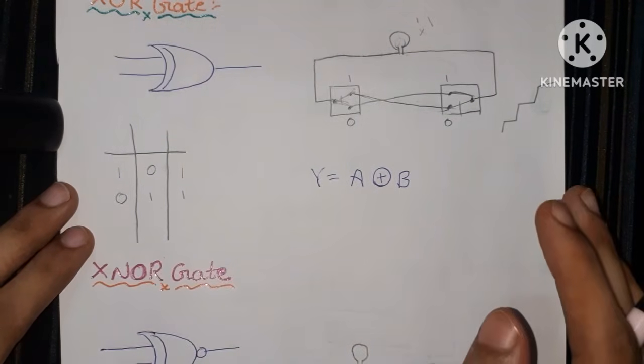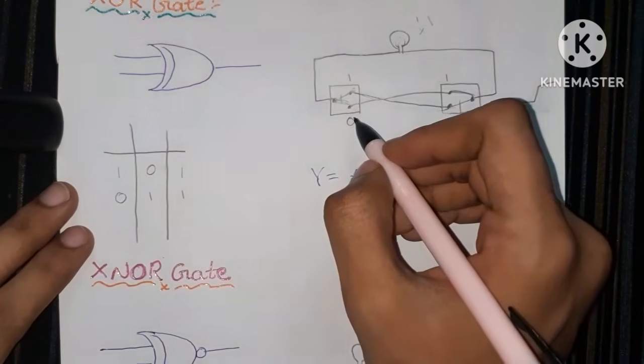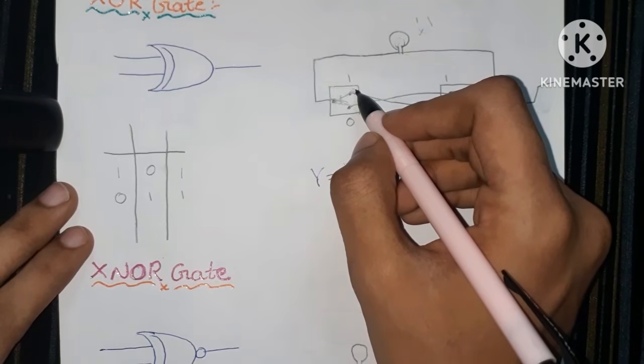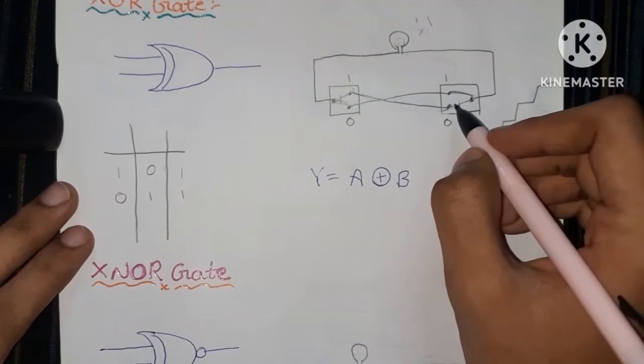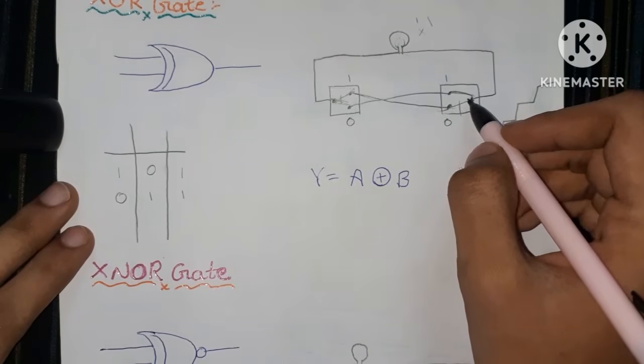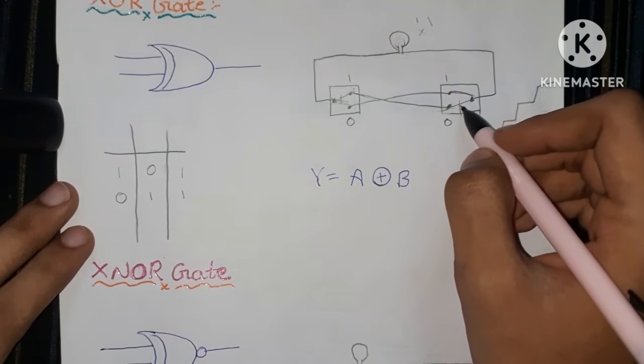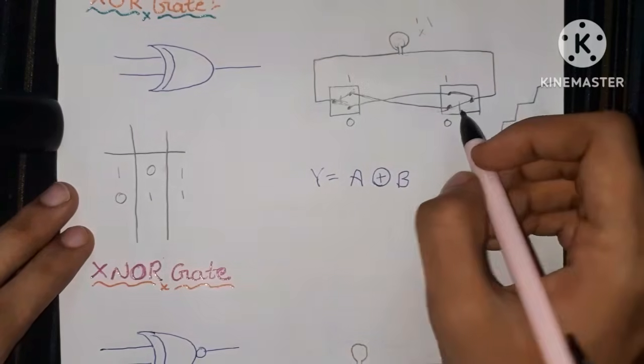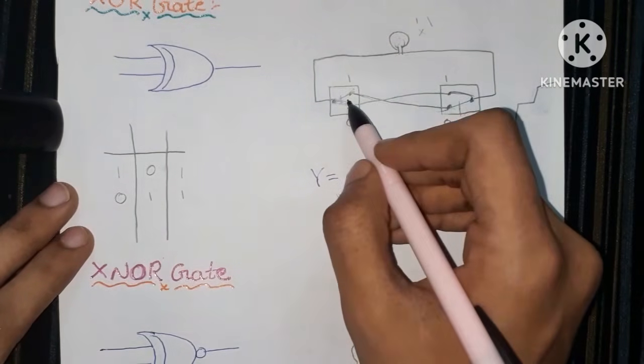Is it clear? Next, if I have closed with 1, and I have closed with also 1, here also I have closed with only 1. I have not connected this 0. I have opened this 0 circuit. Do you think the bulb will glow?